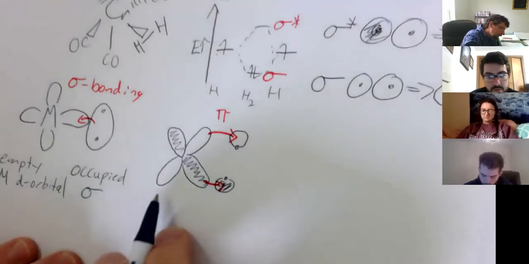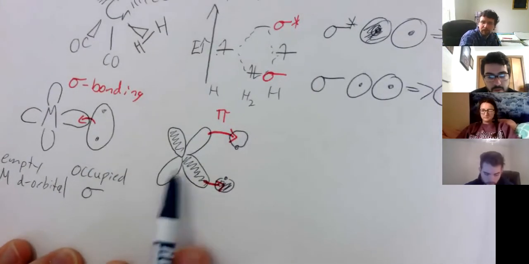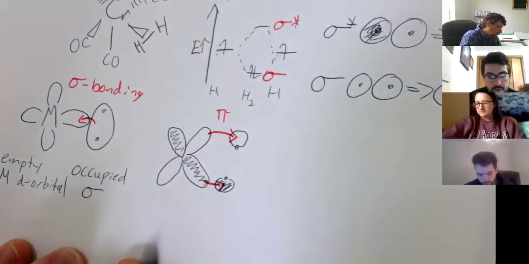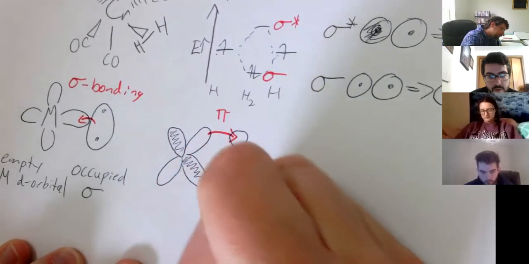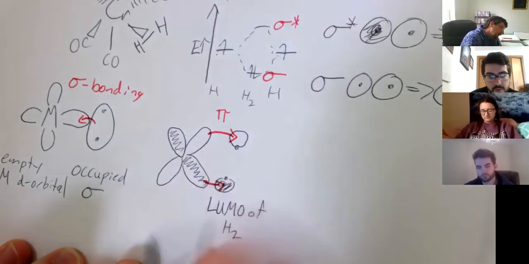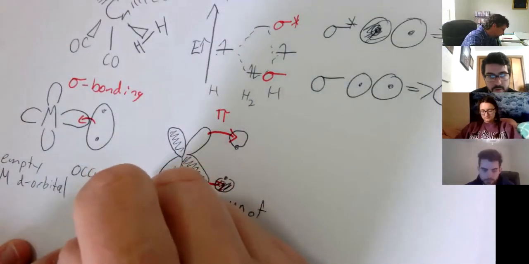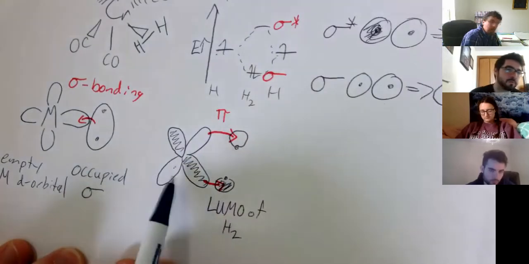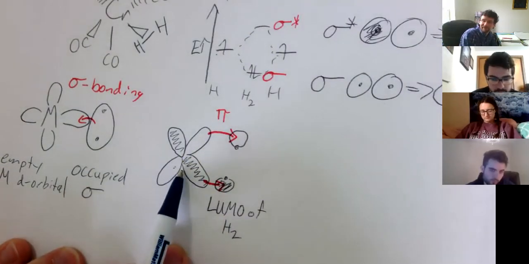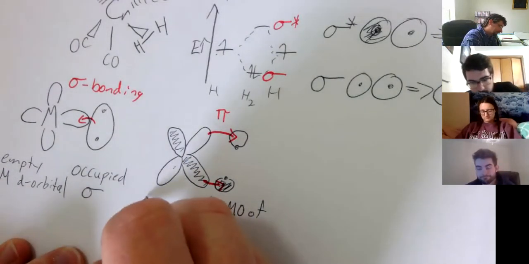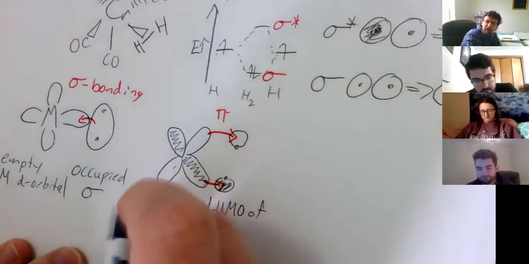Okay. So what could you say about this? This is the LUMO, right? LUMO of H2. What about this metal orbital? Probably HOMO. Well, remember, it's an atom. Oh, so occupied or unoccupied?